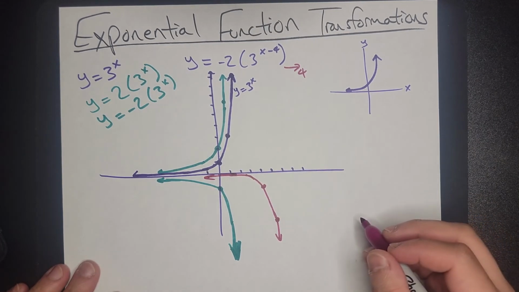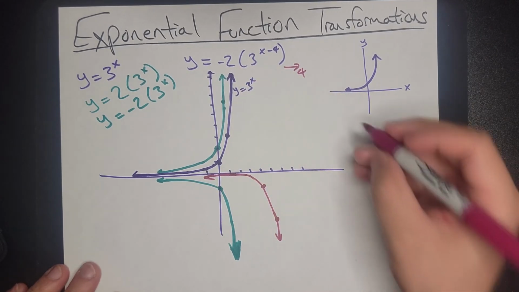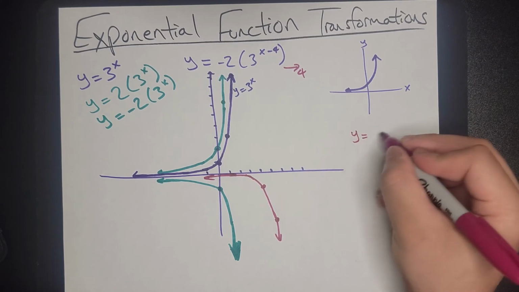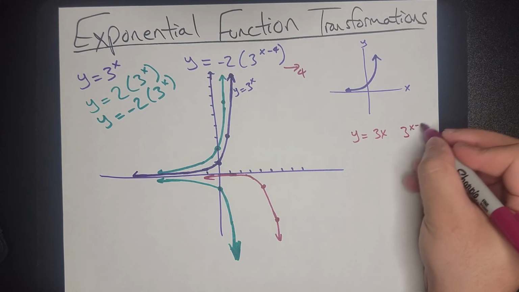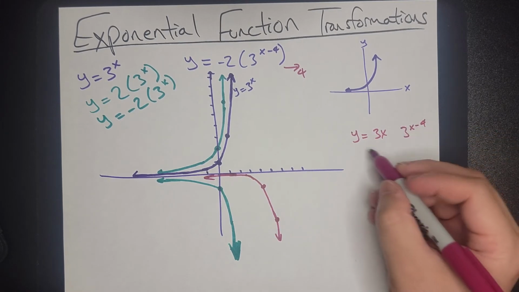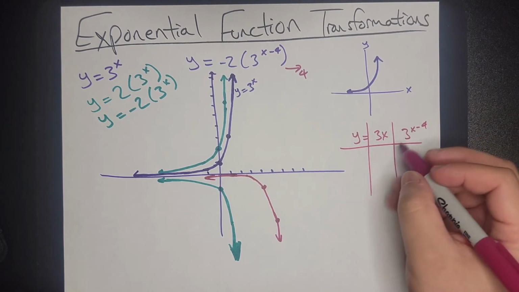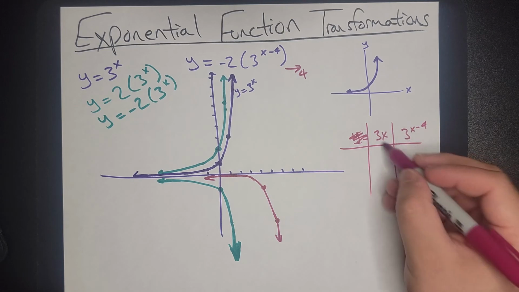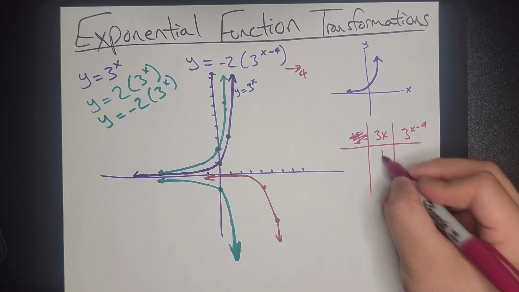And you could actually plug this in. Say you had y equals 3 to the power of x and also 3 to the power of x minus 4. When x is equal to 0, our y value is going to be 1.